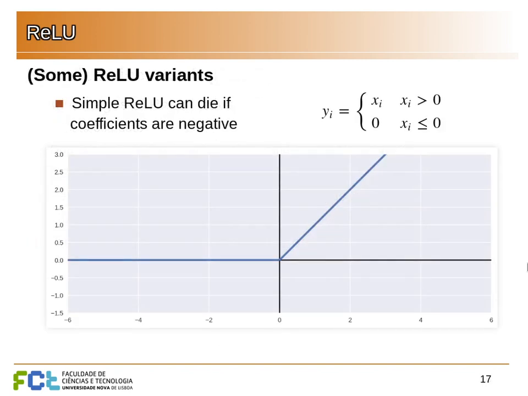If the neuron is not firing for some input, there is 0 gradient information here, and the weights will not be updated. So if your neuron has a particular combination of parameters so that it will not fire for any example in your training set, then the neuron is effectively dead, because it will not change anymore. It will always be here.